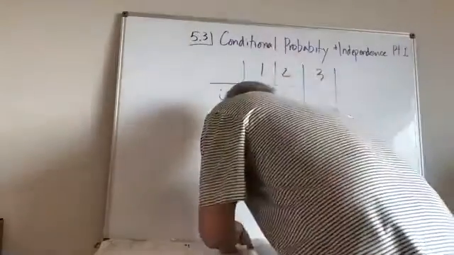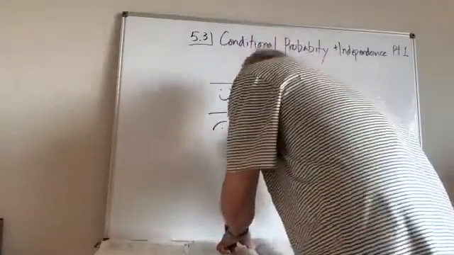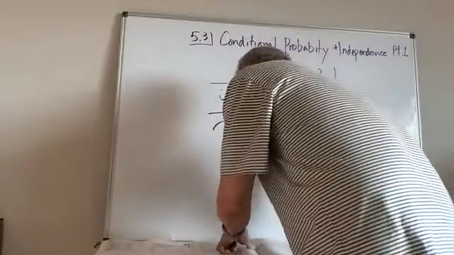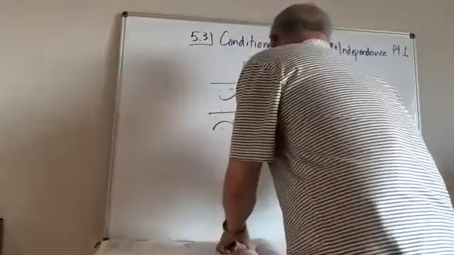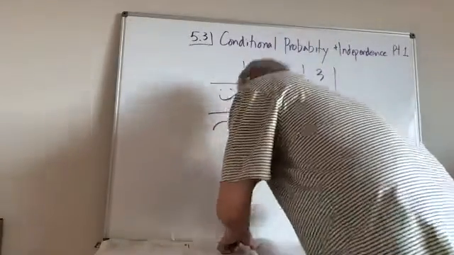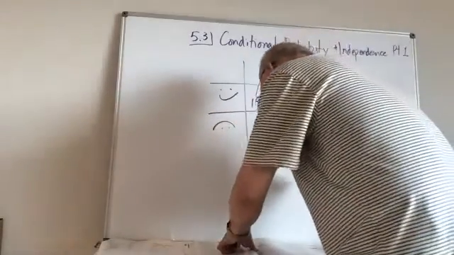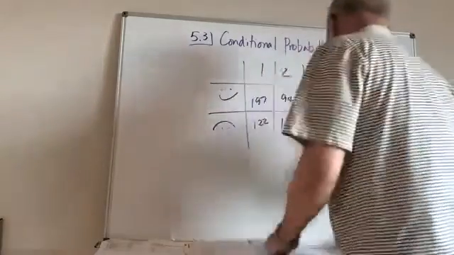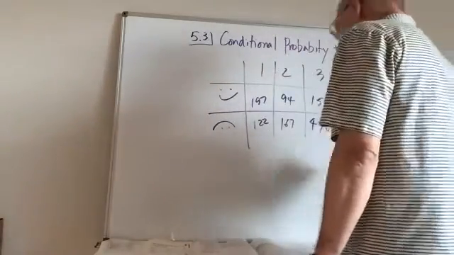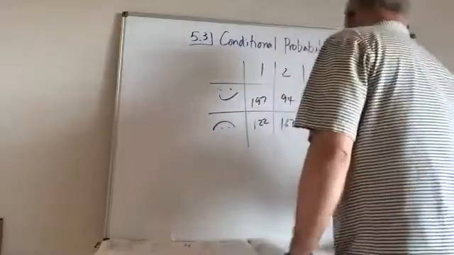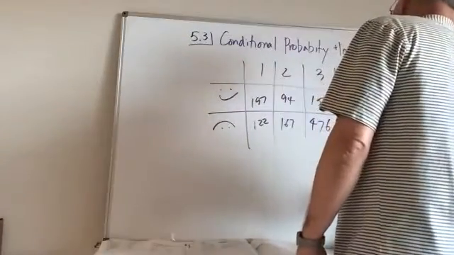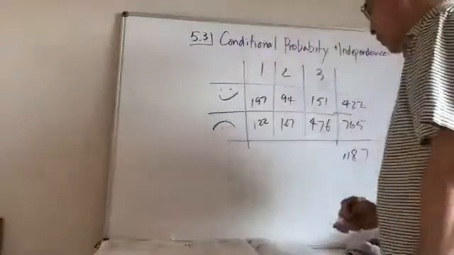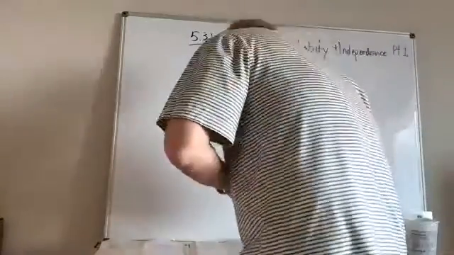So we have 197, 122, 94, 167, 151, 476. Add them up, we get 422, 765, 1187. So here we go. This is our table.